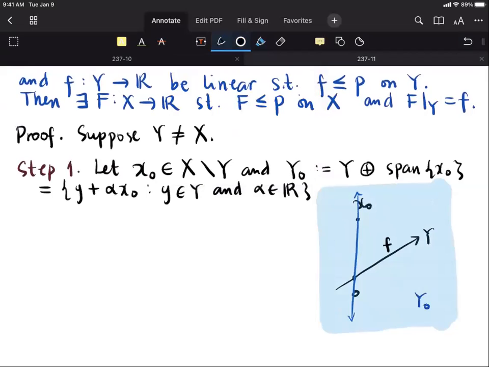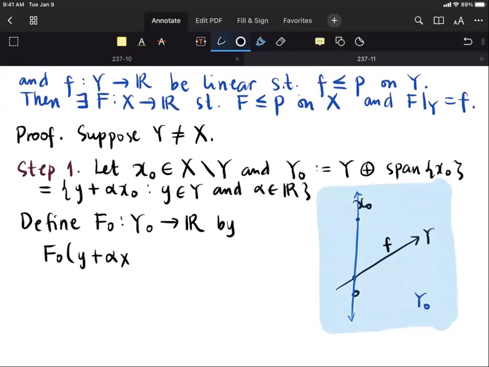So to do this, let us define the following map. You take an element in y naught, and we define this to be f of y plus alpha c.